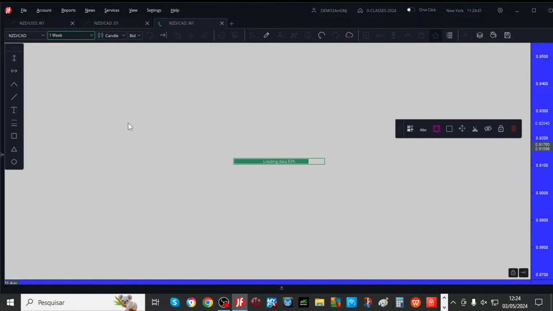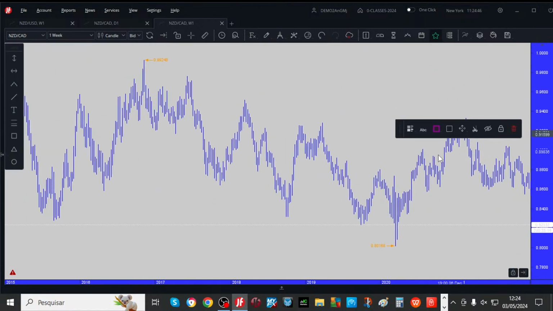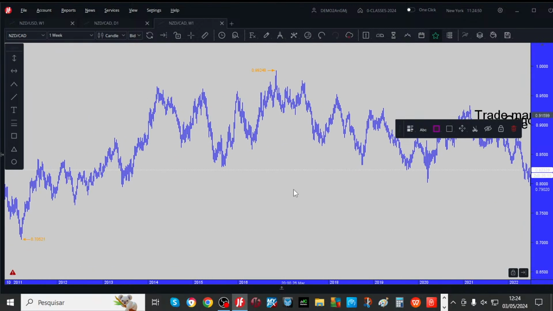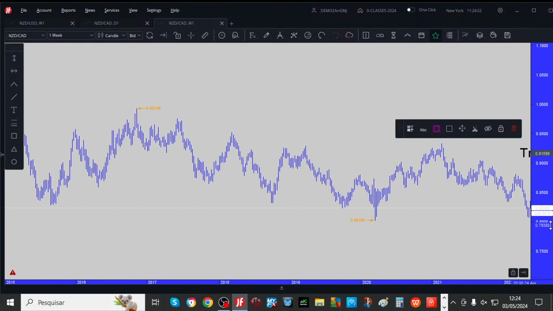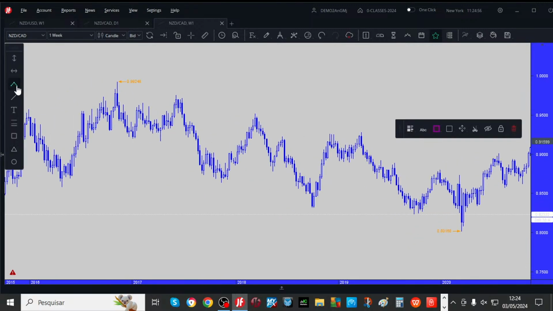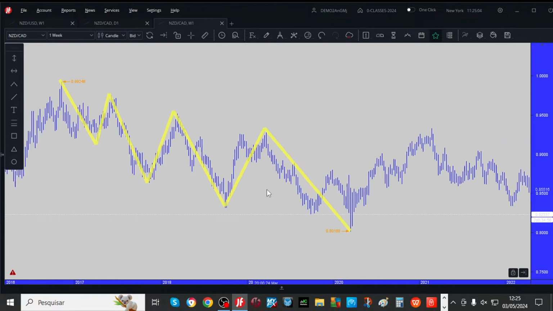And if I go on the NZD weekly chart, so this was back in time, weekly chart, market wave: extension, retracement, extension, retracement, extension, retracement, extension.